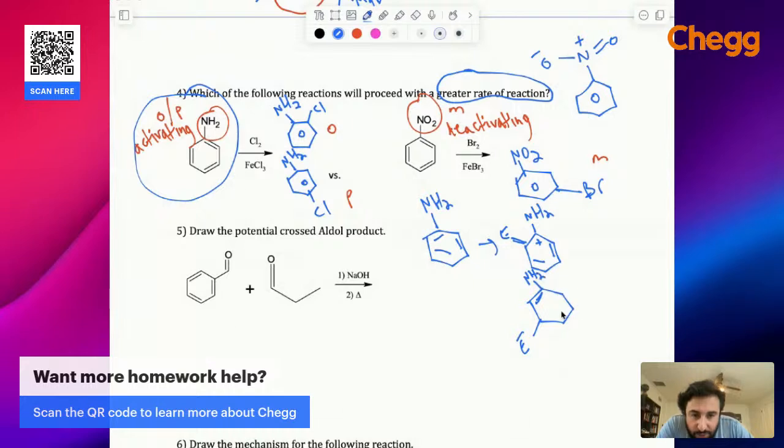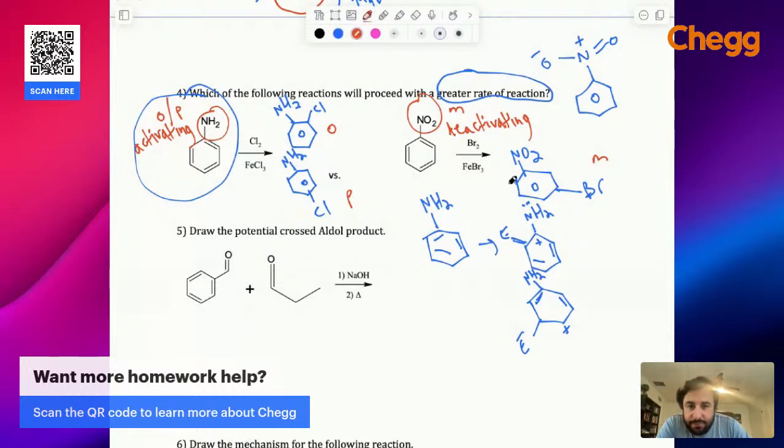And so there's NH2. That would leave the plus charge there and another pi bond there. So what do we notice here, right? This nitrogen atom has a lone pair. So let's put this lone pair right there.